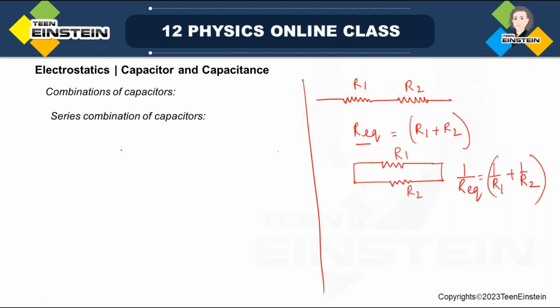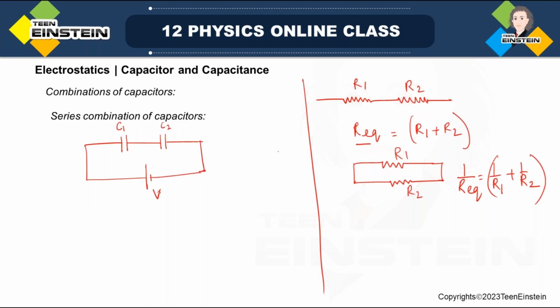In series combination of capacitors, let me take two capacitors having capacitance C1 and C2, and they are connected to a battery of voltage V or potential difference V. We need to calculate the equivalent capacitance of this series combination.